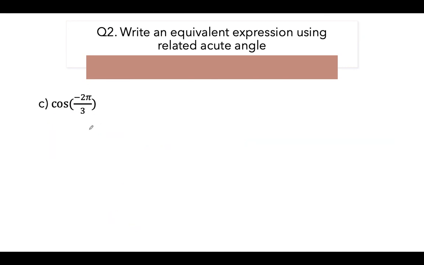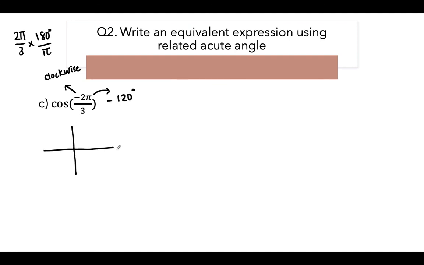Okay, so lastly, cosine, negative 2 pi over 3. So don't worry about negative. Negative tells you that it's going to be going in a clockwise direction. It tells you which direction your angle is going. So let's change 2 pi over 3 times 180 over pi, and it's going to be 120 degrees, and it's negative.